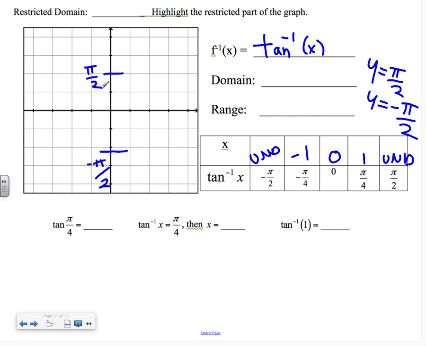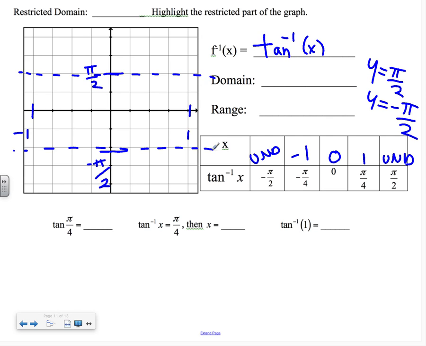The angles go on the y-axis, and the numbers go on the x. We'll go from negative 1 to 1. So those vertical asymptotes become horizontal. I'm going to put two horizontal asymptotes, one at pi over 2 and one at negative pi over 2.